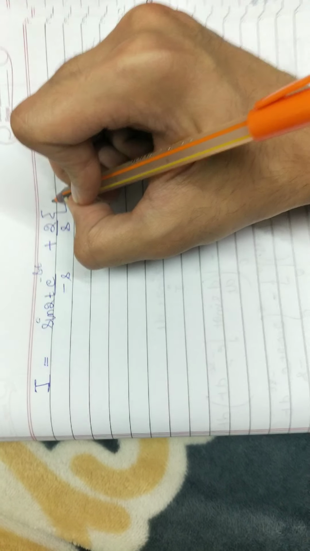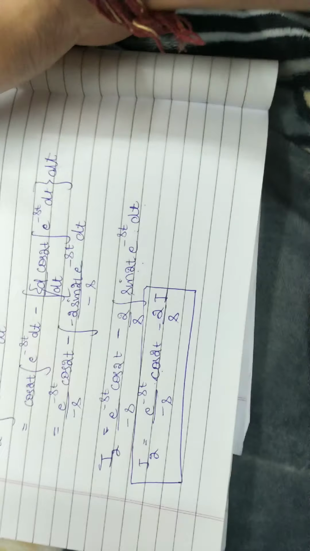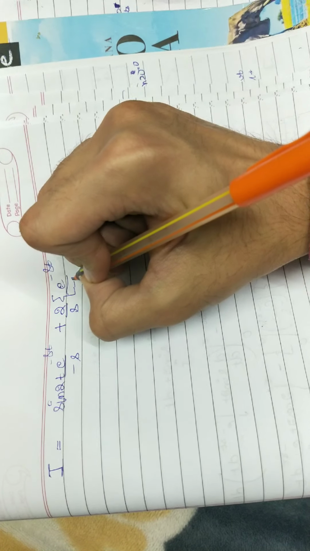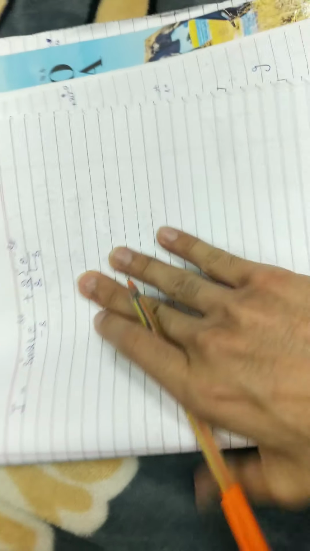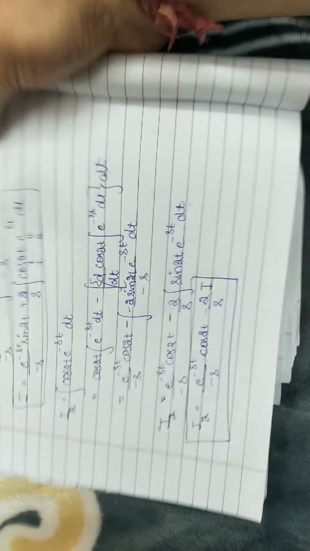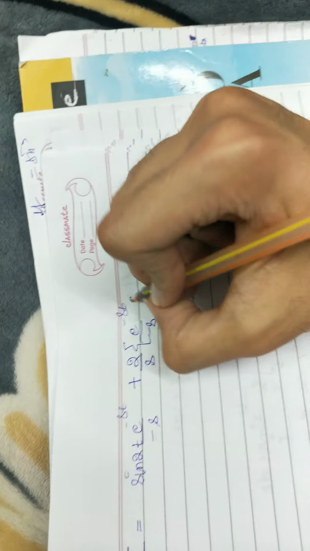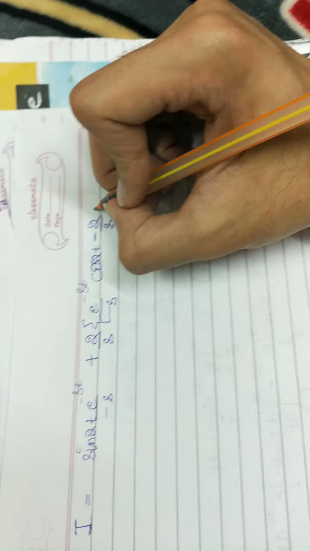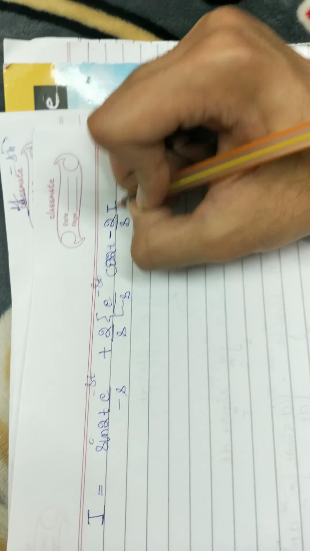I'm going to substitute the value of I2 here, and the value of I2 was e raised to power minus st upon minus s cos 2t minus 2 divided by s I.